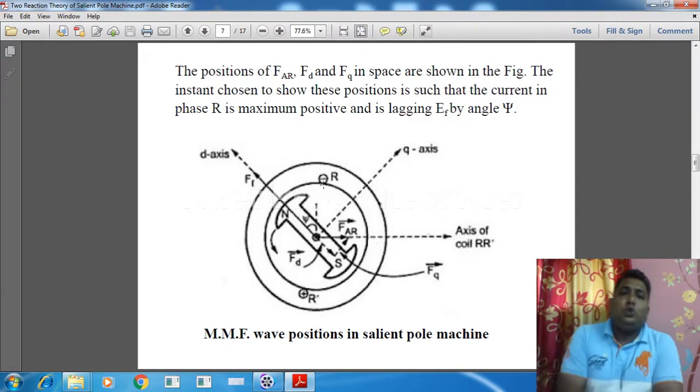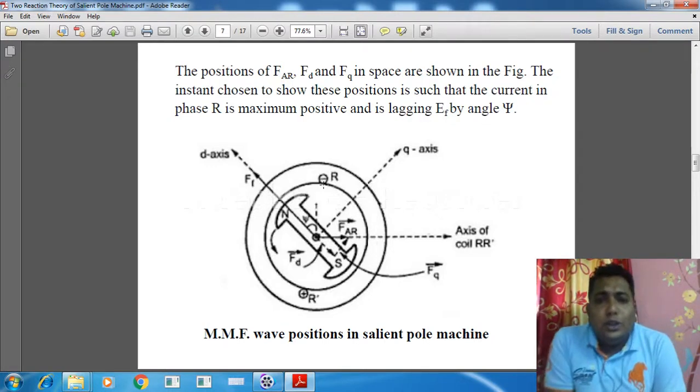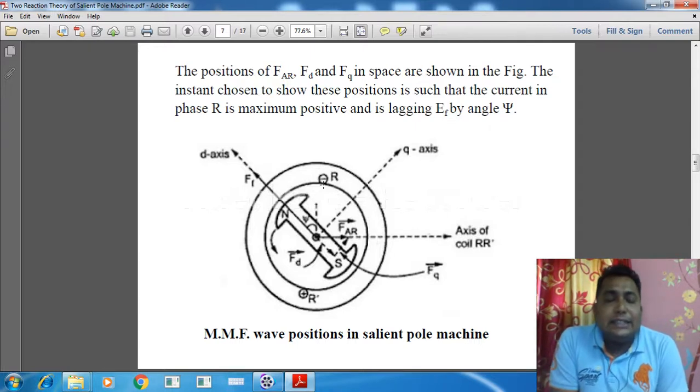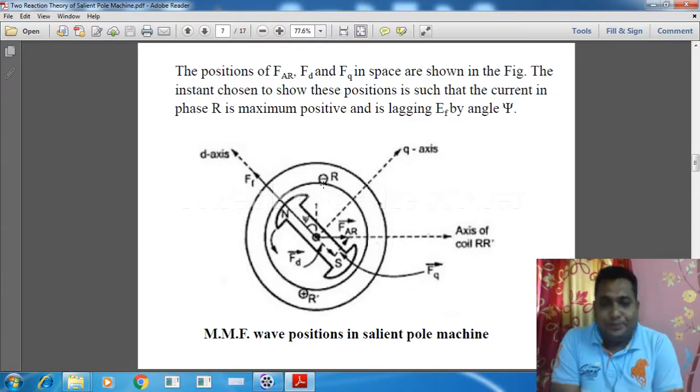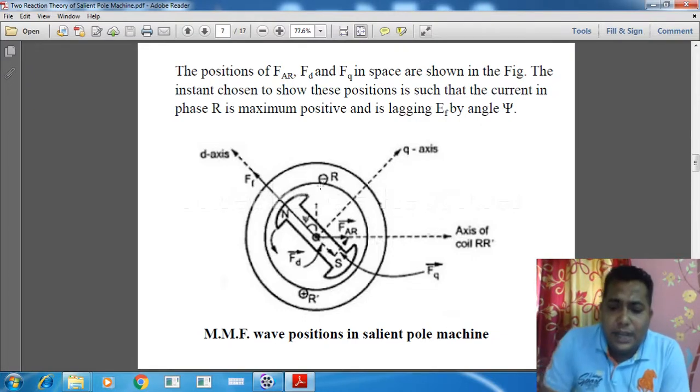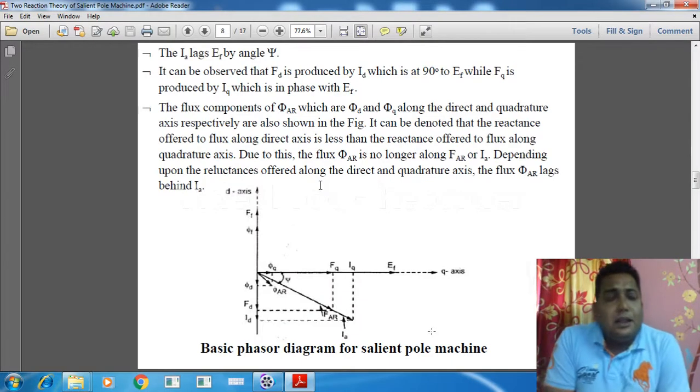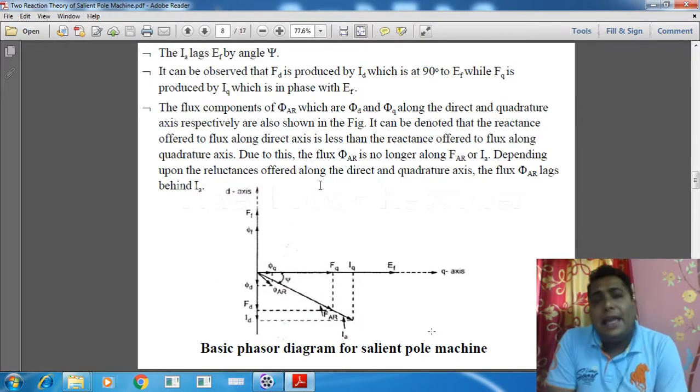The instant chosen to show this position is such that the current in the phase R is maximum positive and is lagging Ef by an angle xi. So next, the armature current lags the generated EMF by angle xi.